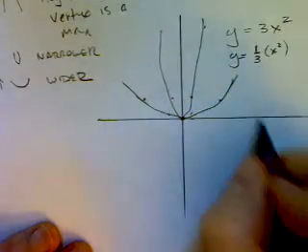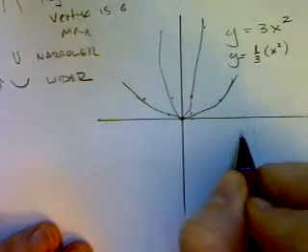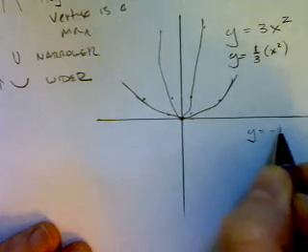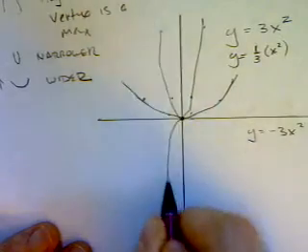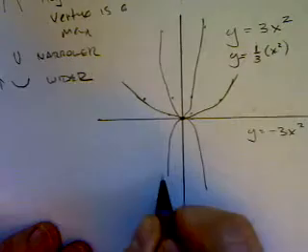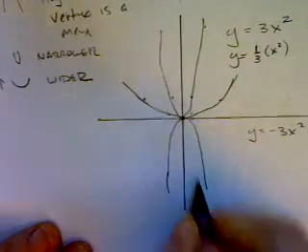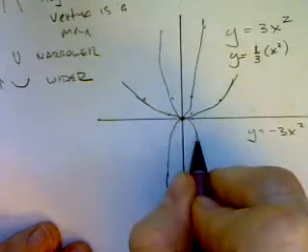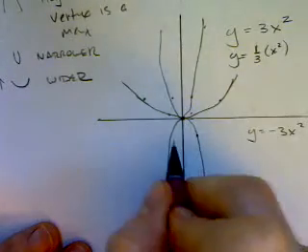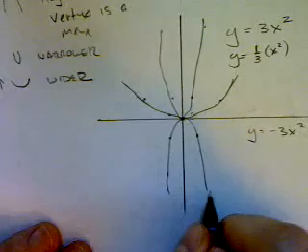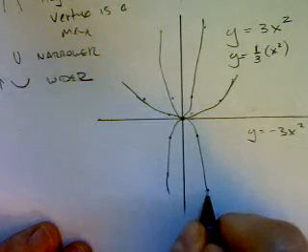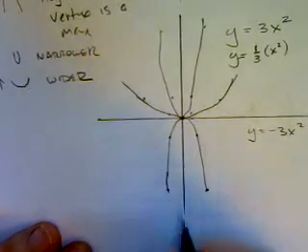Conversely, because x squared is always going to be positive, if y equals -3x squared, it's just the reverse. If x is 1, y is going to be -3. If x is -1, y is going to be -3. If x is 2, y is going to be -12. If x is -2, y is going to be -12.